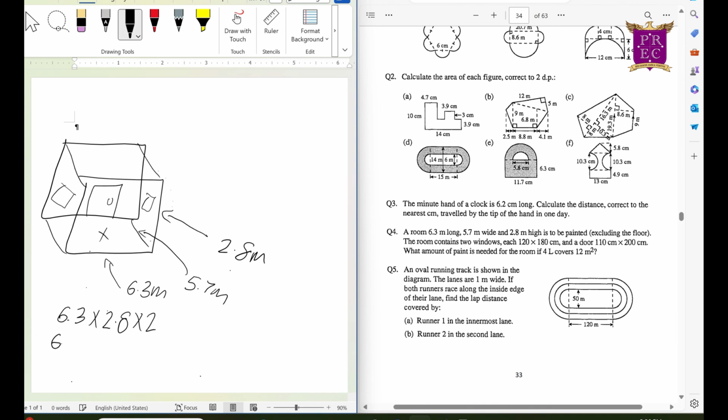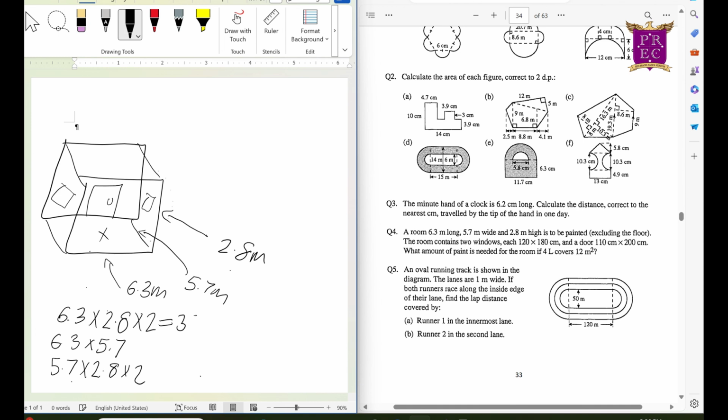Then 6.3 times 5.7 to find the ceiling, and we don't times it by 2 because the floor is not included in the painting. And 5.7 times 2.8, and we times it by 2 because these are the 2 faces with the windows. Let's find out what these numbers give us.